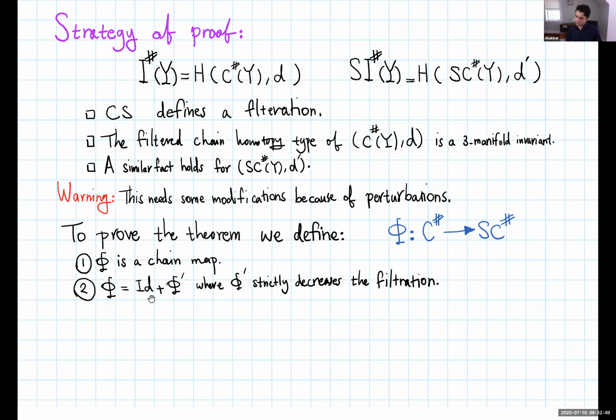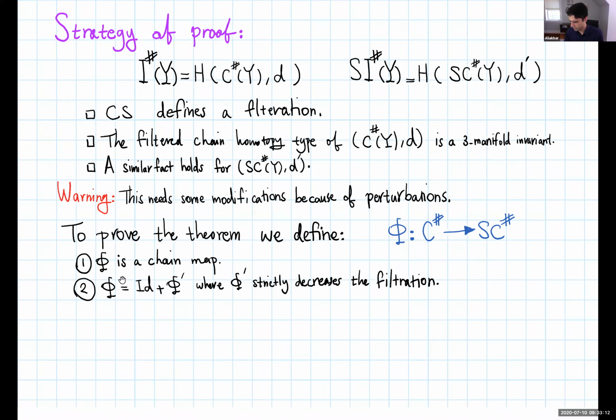And the second property is that this chain map, if you decompose it with respect to the filtrations, has a first part which is the identity map, the part which doesn't change the filtration level. Remember that these two are naturally identified with each other, so it makes sense to talk about the identity map here. And then there is a part which decreases the filtration.